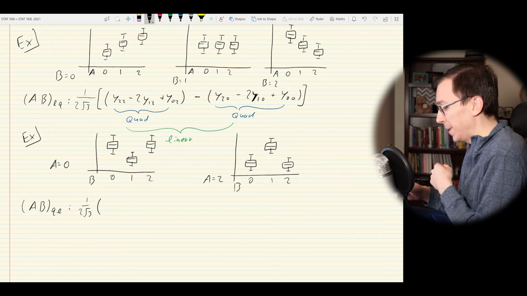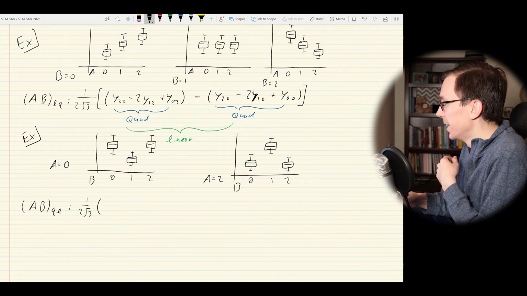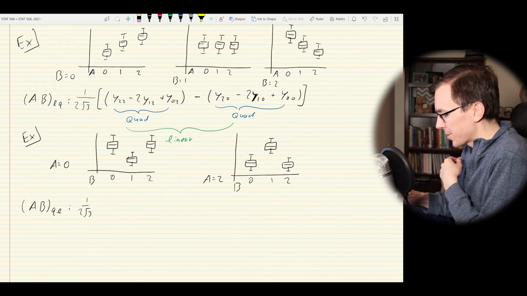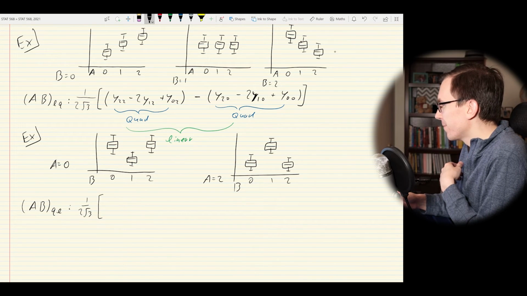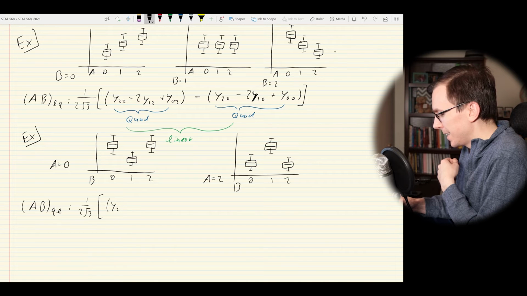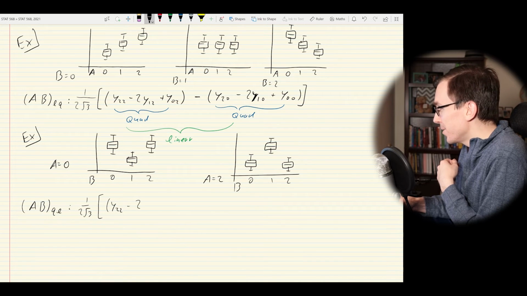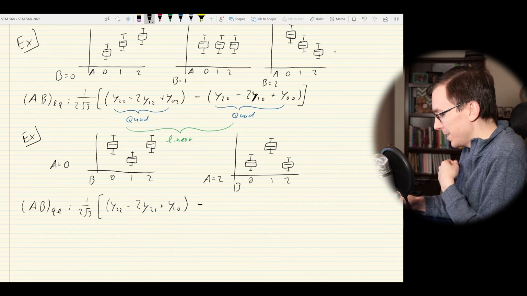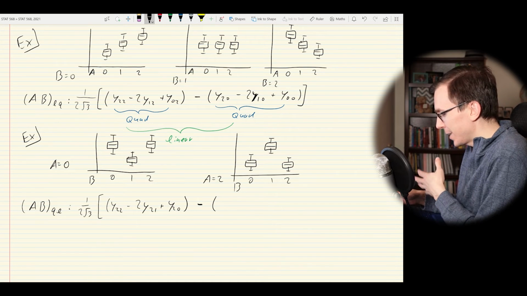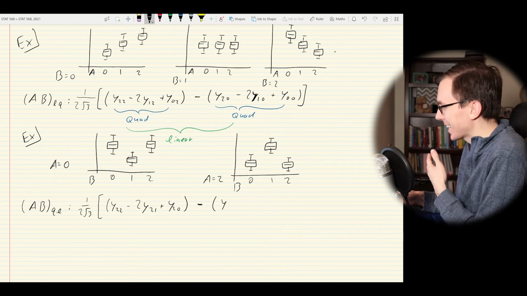It's an equivalent interpretation, but I will write it down just so that you can see it. I'll just write it all out: y22 minus 2y21 plus y20. And that's a quadratic contrast, which is then linearly contrasted with another quadratic contrast.